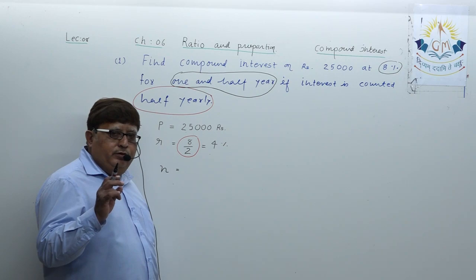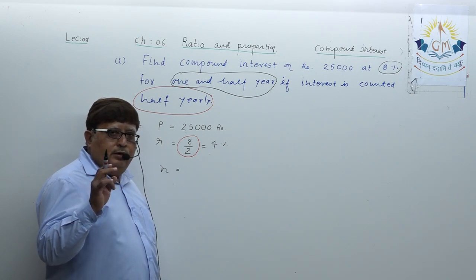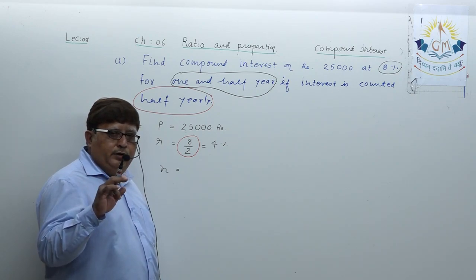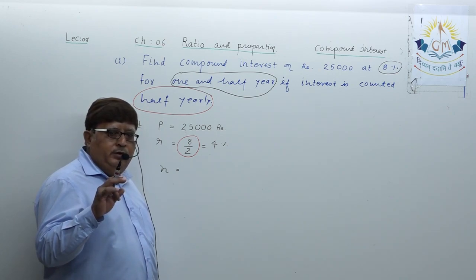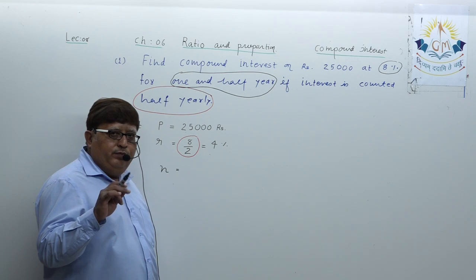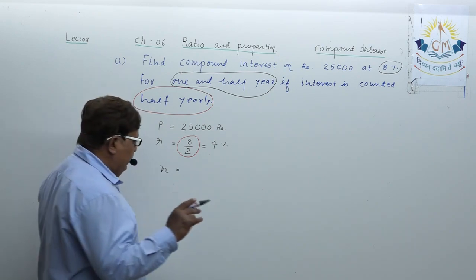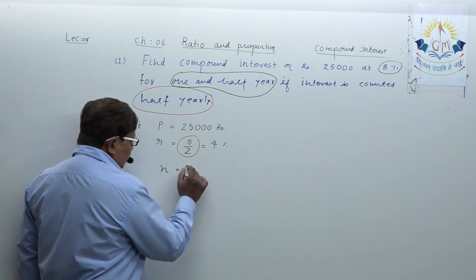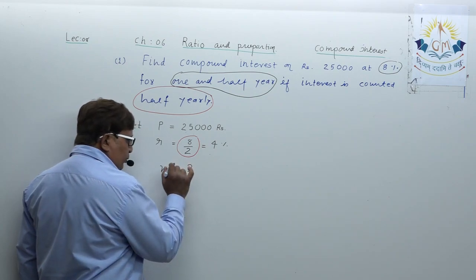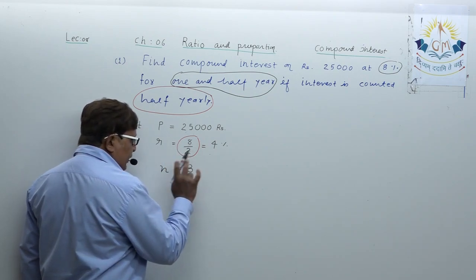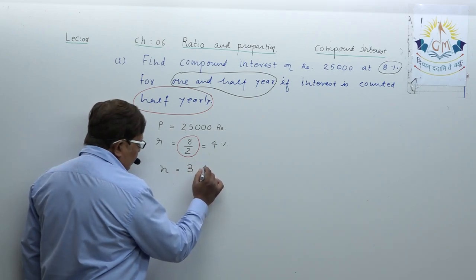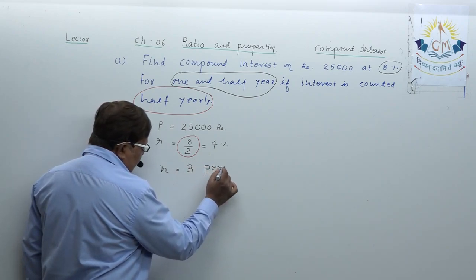So 1.5 year includes how many periods of half year? 3 periods. So here you have to write n equal to 3. Don't write year, just write 3 periods. Okay.